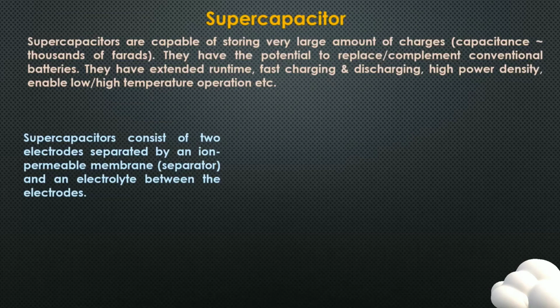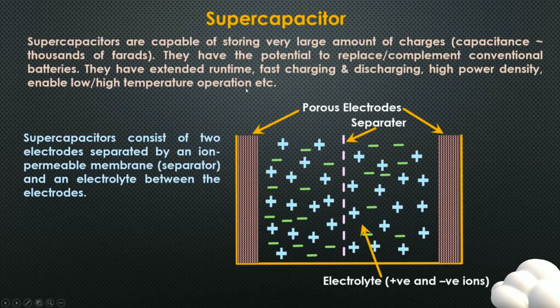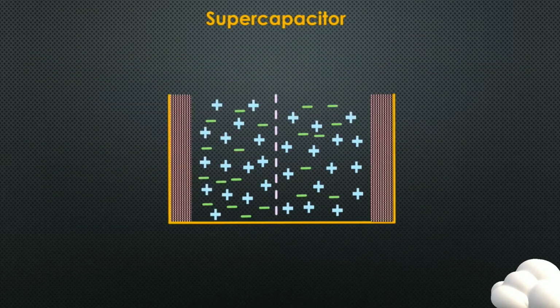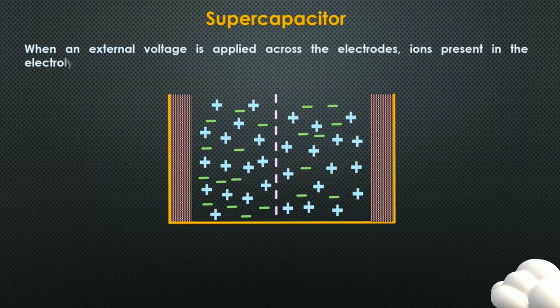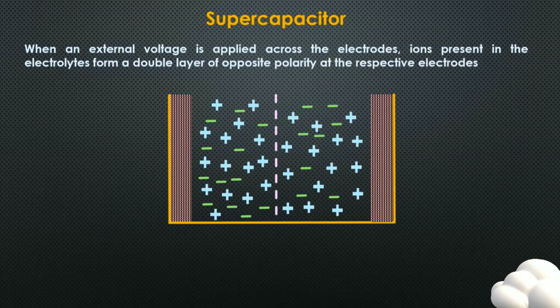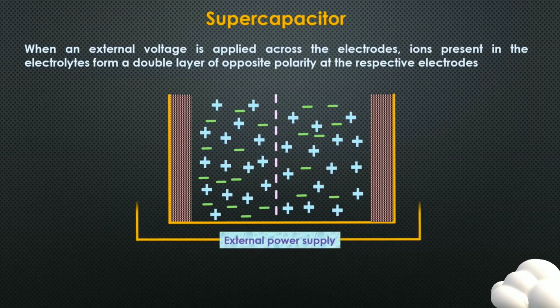A supercapacitor consists of two electrodes separated by an ion permeable membrane, the separator, and an electrolyte between the electrodes. The figure shows the porous electrodes on the two sides. There is a separator in between, and there is an electrolyte. So when you provide an external voltage, ions present in the electrolyte form a double layer of opposite polarity at the respective electrode.